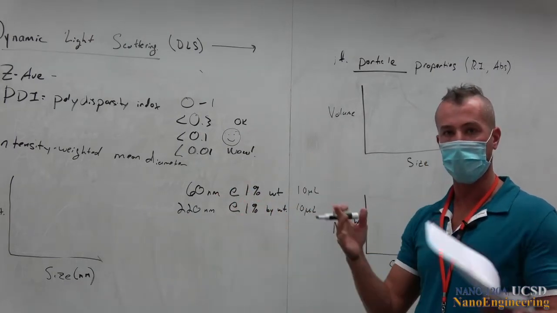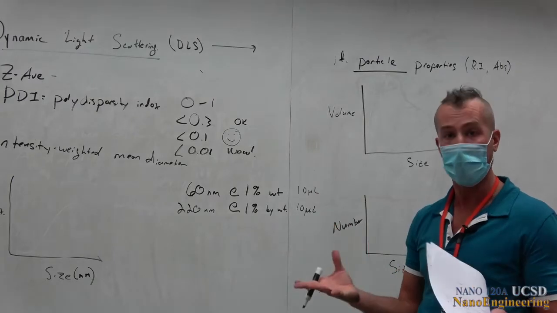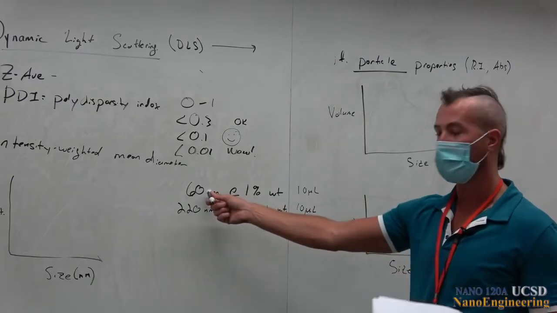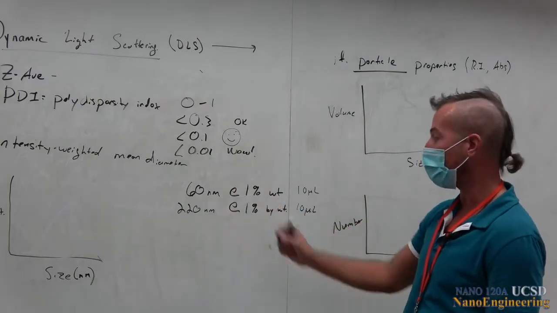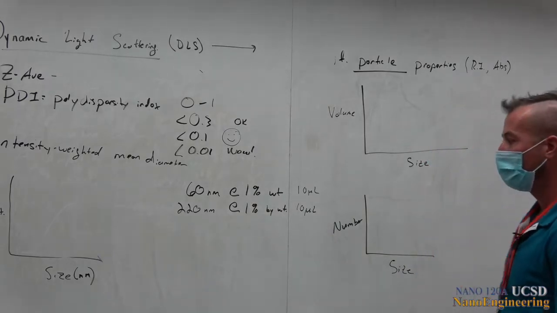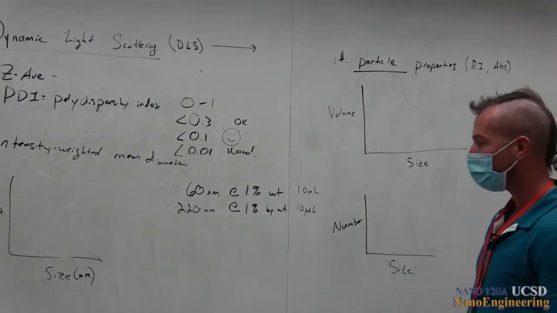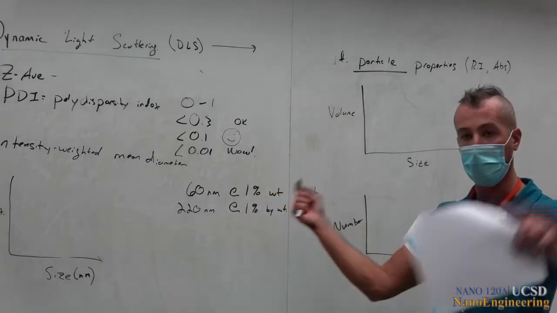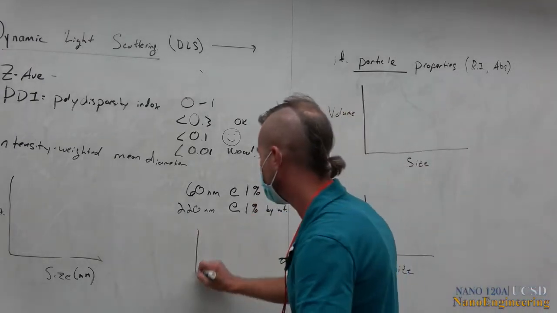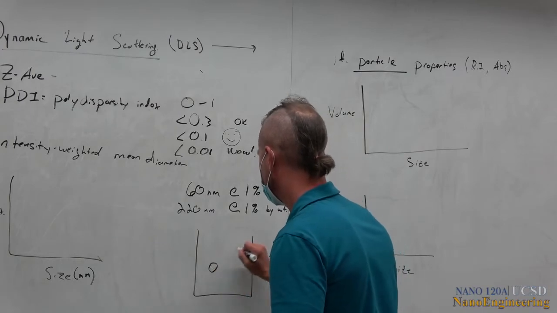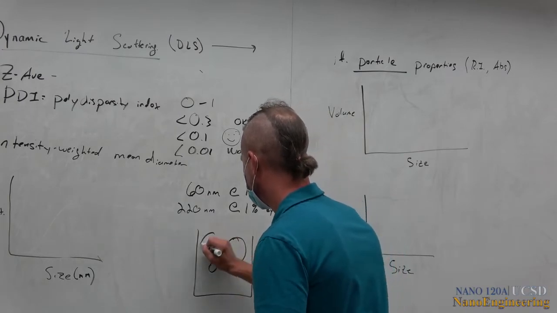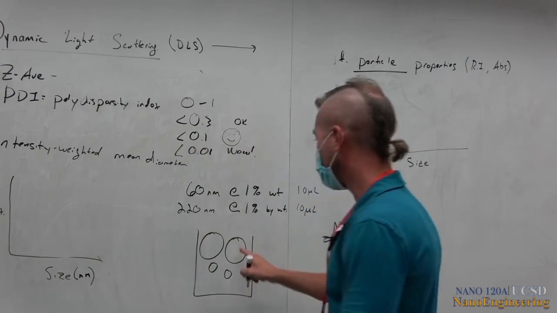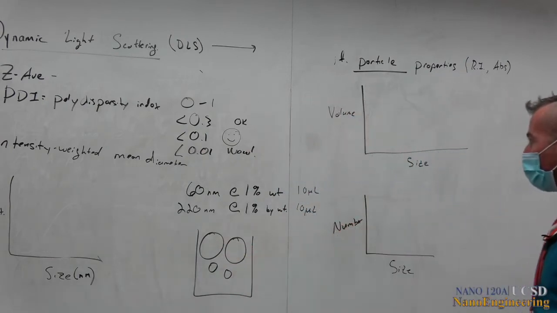Because each one weighs less, and therefore you're going to need more overall particles to have one weight percent. Okay? So if we mixed them 1-to-1, right? For each big one, there's one small one.